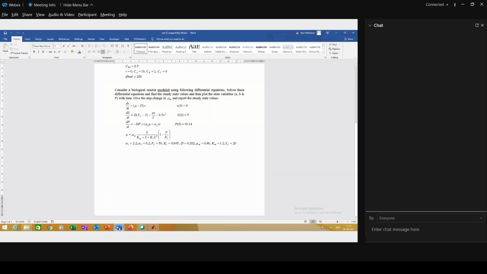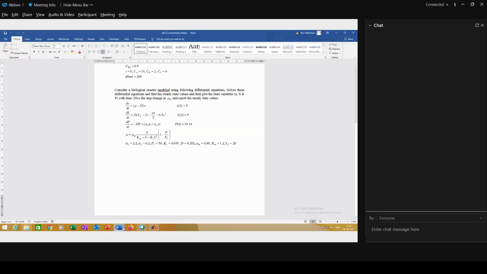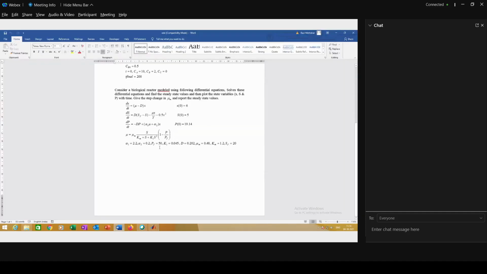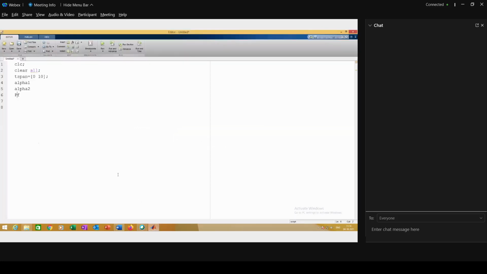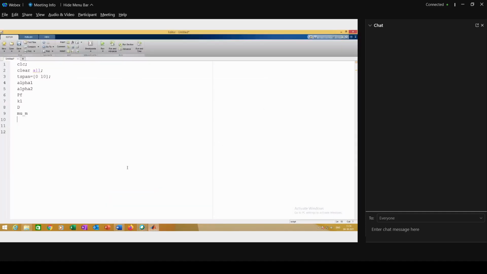Then I am going to define all these variables: alpha 1, alpha 2, pf, k1d, mu_m, km and sf.